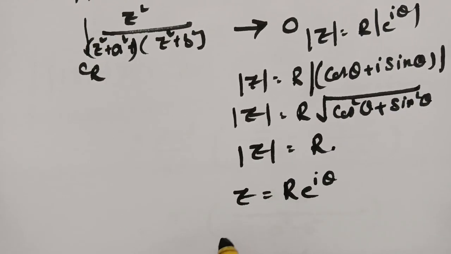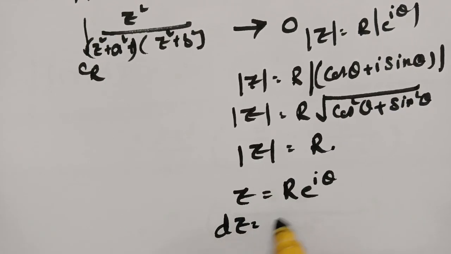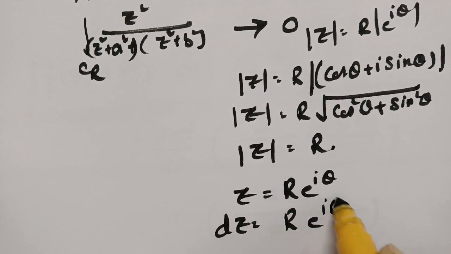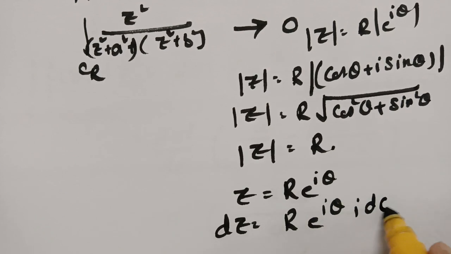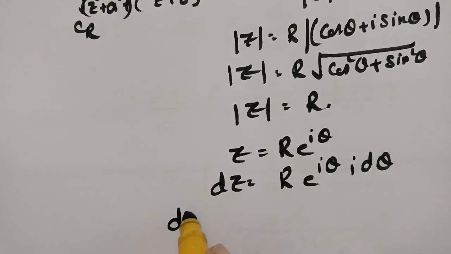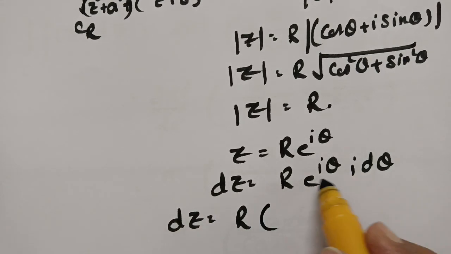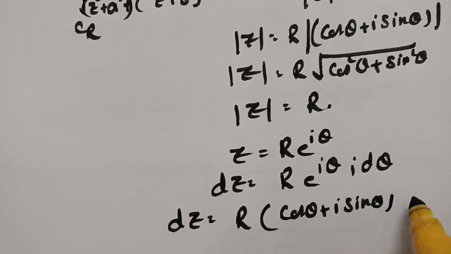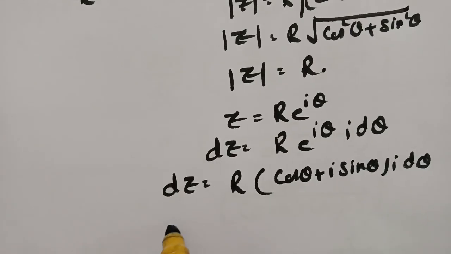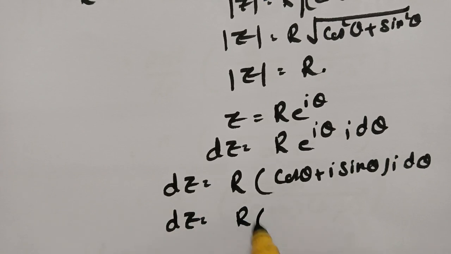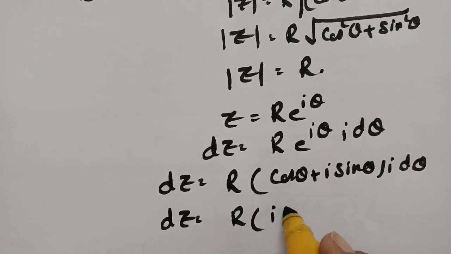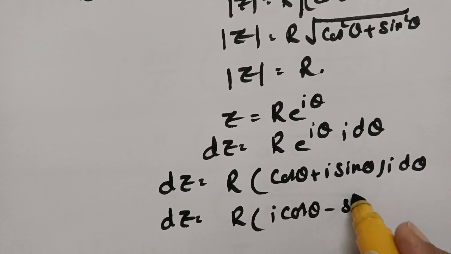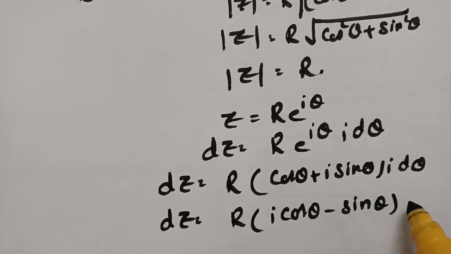Here z is equal to r e^(iθ). If I differentiate on both sides, then dz is equal to r times e^(iθ) times i dθ, which is r times (cos θ plus i sin θ) times i dθ, so dz equals r times (i cos θ minus sin θ) dθ.